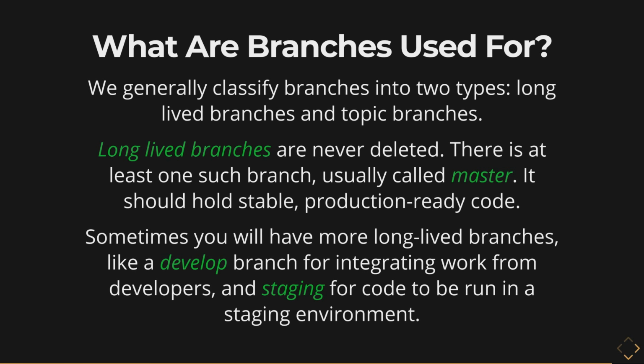It should be stable enough that what's there are features that are pretty much done. They're written, they're finished by the developers, but they haven't gone through QA, quality assurance, or they haven't been bug tested, or they haven't been tested by a focus group, or whatever you might want to do to that code before it's actually folded into the master branch, the production branch.